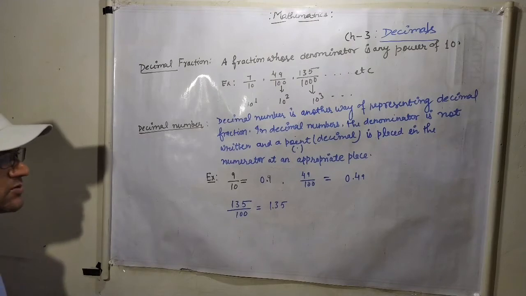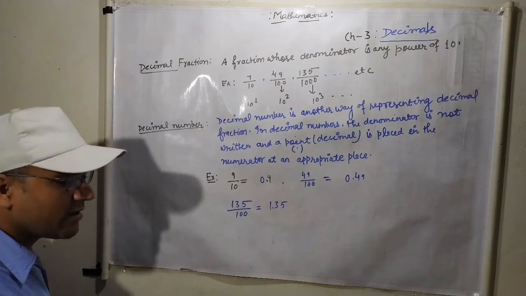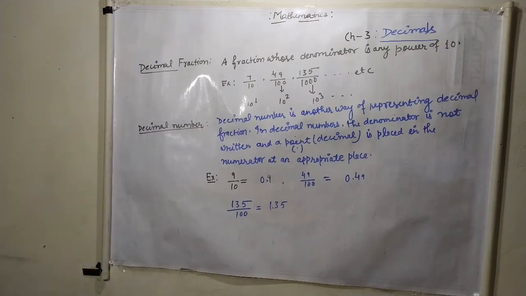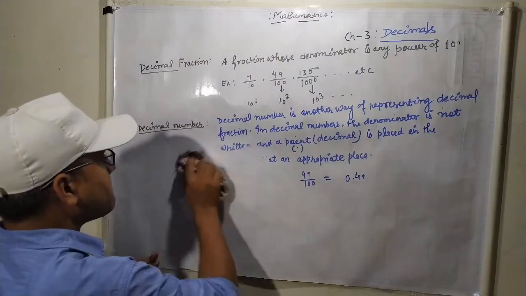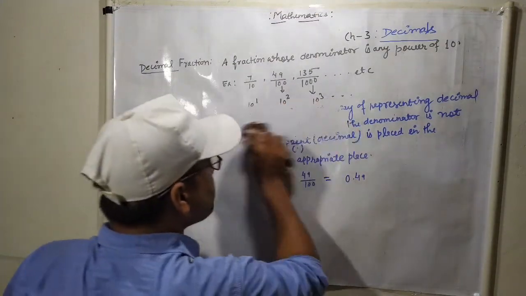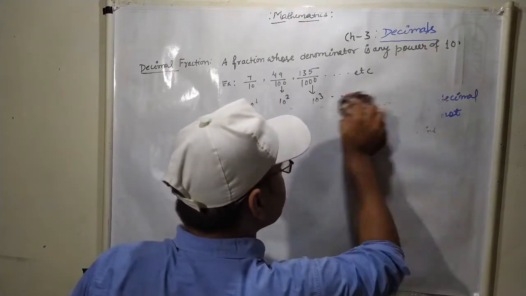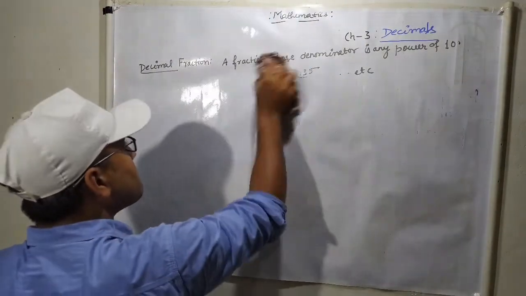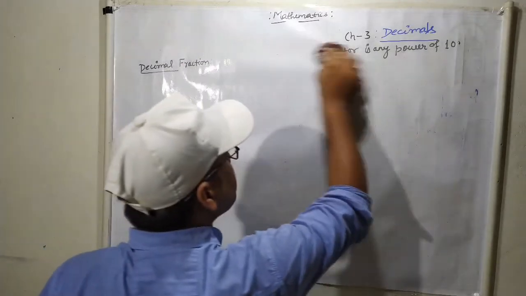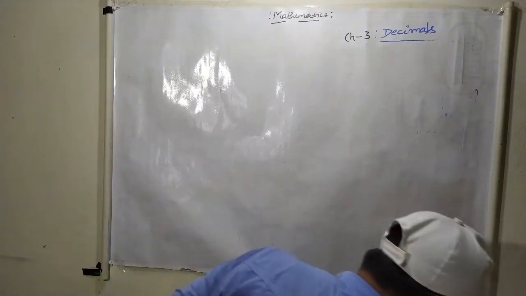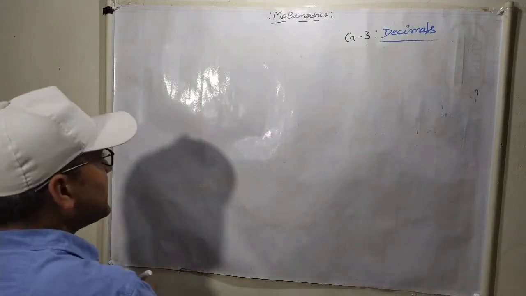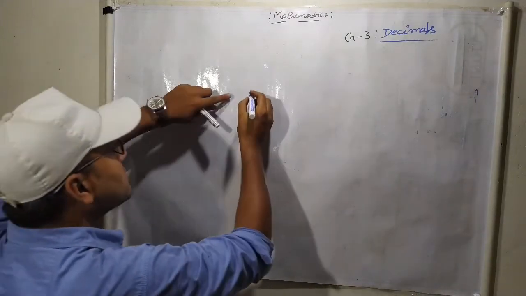So basically, students, a decimal number has parts.